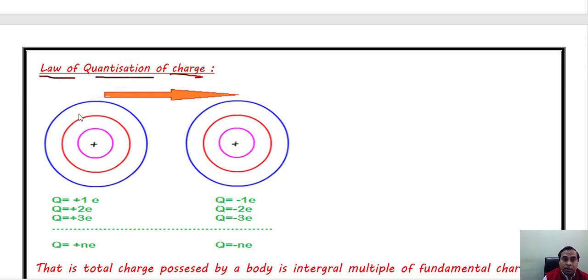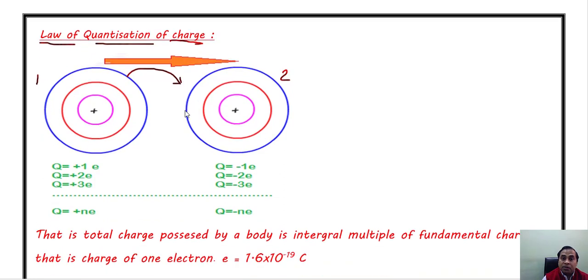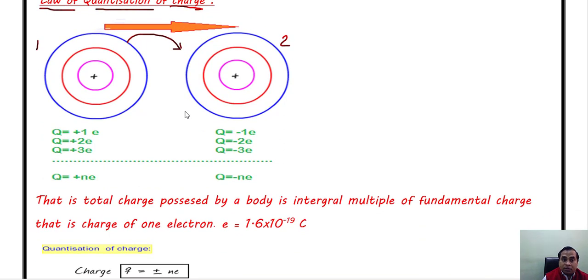So look here, it is your first atom, it is your second atom. Some of the electrons of this atom can be transferred to some other atom by means of rubbing. Initially we all know that this atom is electrically neutral, and this atom is also neutral.